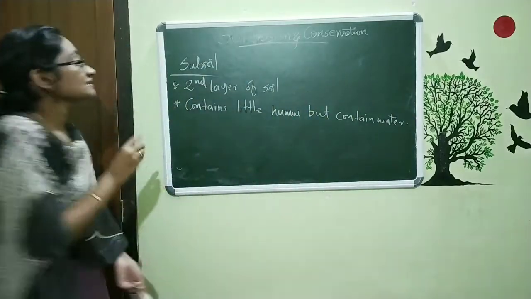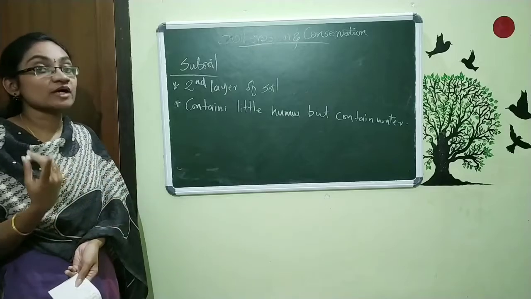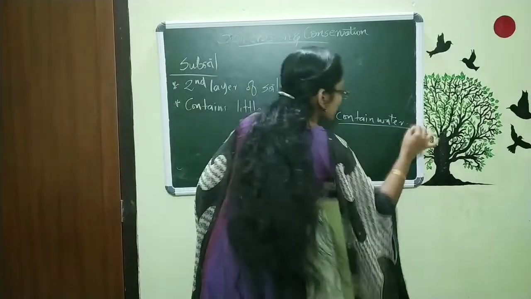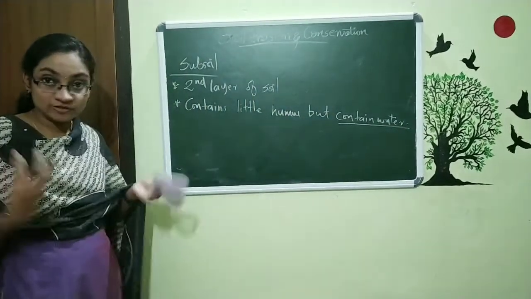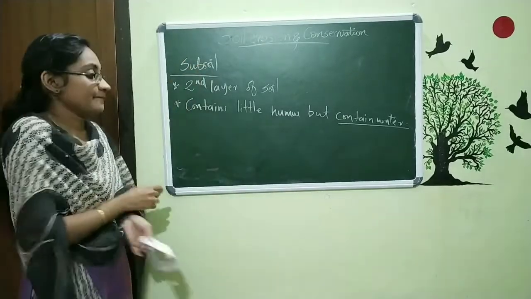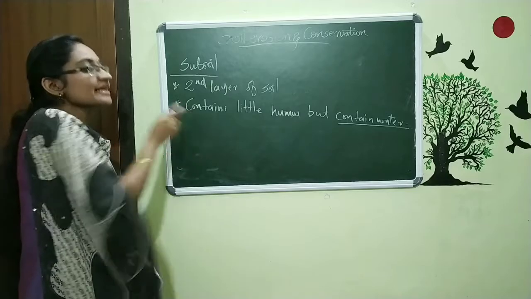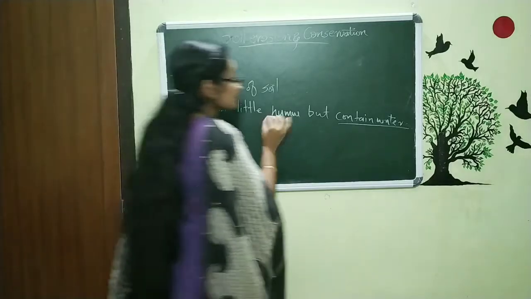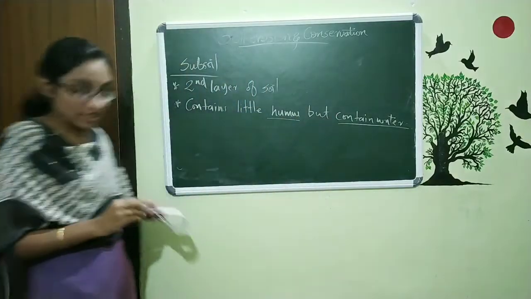So subsoil mainly contains what? Water. We already said that water is stored underground. So the water is stored in the subsoil. We can say this contains only little humus but mostly it contains water.